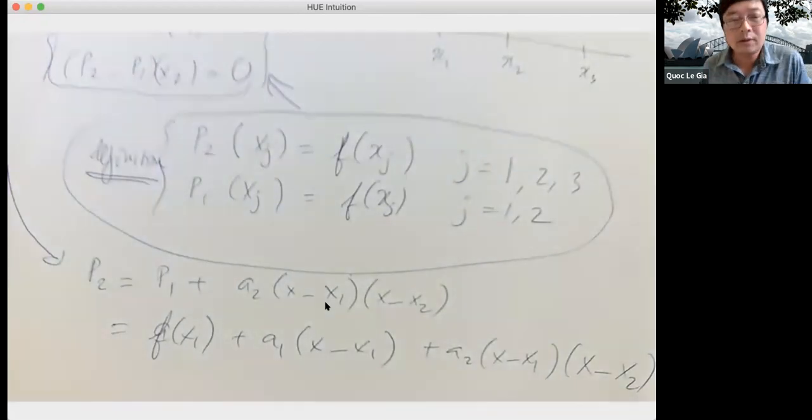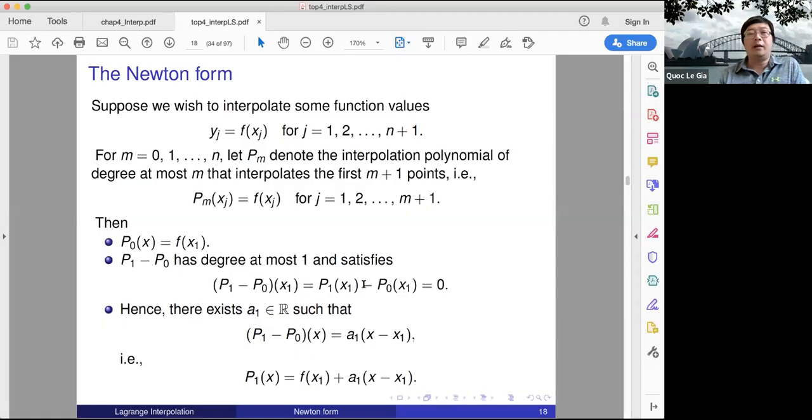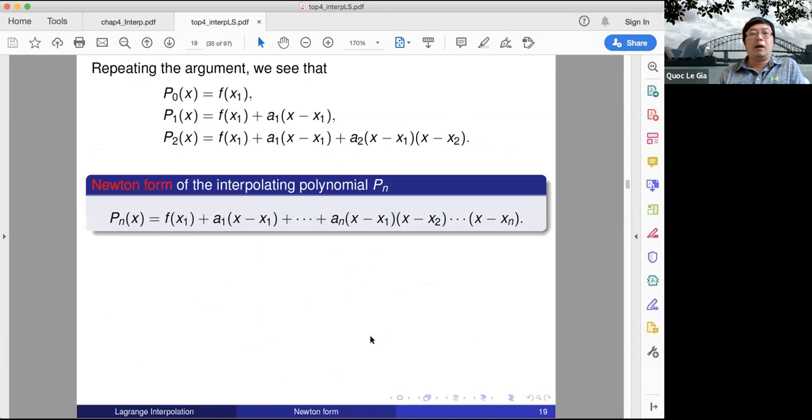So any other questions? So in some sense, the parabola going through 3 points can be written in this form. You see, in the lecture notes, we have P1 minus P0 equal A1 times (x minus x1), and then P2 is just equal to f of x1 plus A1 times (x minus x1) plus A2 times (x minus x1) times (x minus x2).